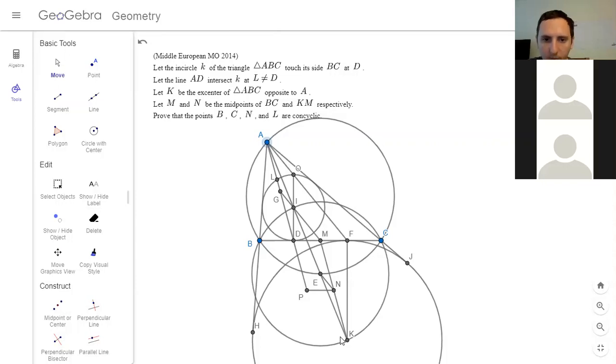Actually, if we define P to be the reflection of N over the perpendicular bisector, because we know DM is equal to MF, it would follow. So once we know that AD and P are collinear, then it would follow that, well, because N is the midpoint.